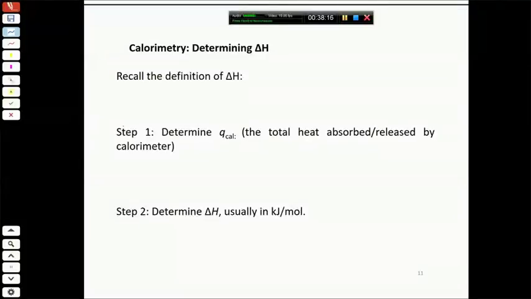So recalling the definition of delta H, which we reviewed earlier, delta H is delta E plus P delta V, and as we derived last class, this is equal to the heat that's measured at constant pressure. So again, if we just use a calorimeter to directly measure Q, that gives us delta H for the reaction.